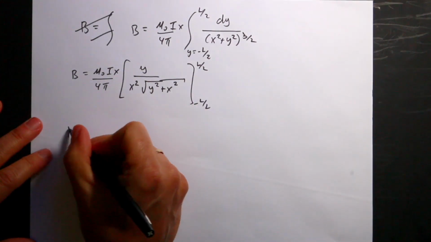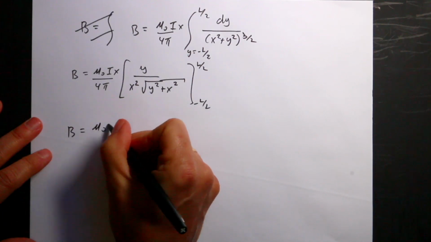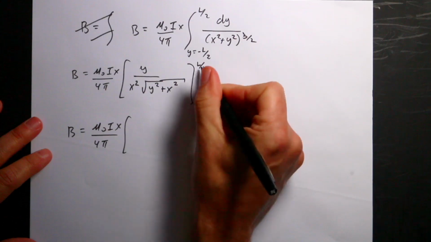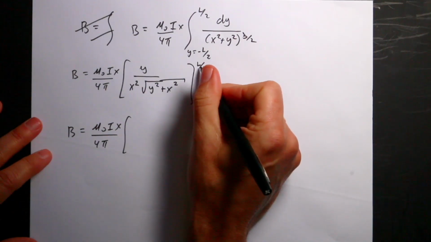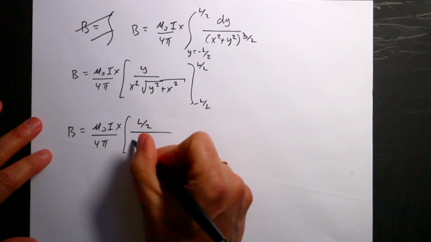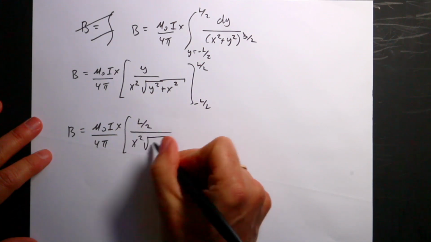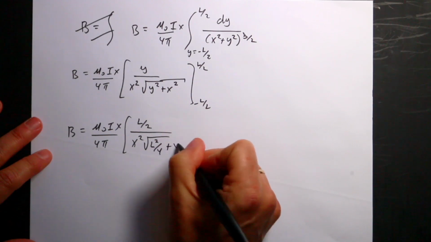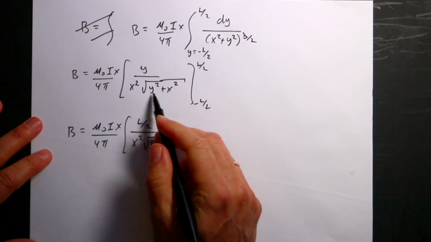So let's just write this out. B equals mu naught I x over 4 pi. Now I'm going to put in my value for L over 2, and I get L over 2 over x squared times the square root of L squared over 4 plus x squared.